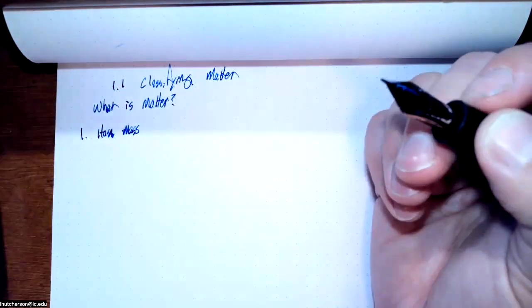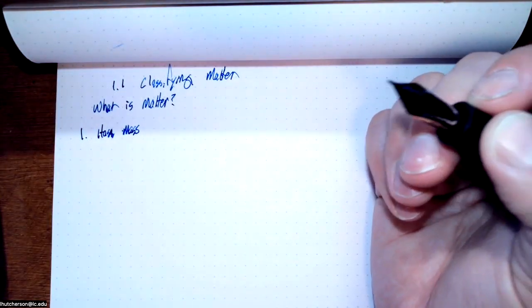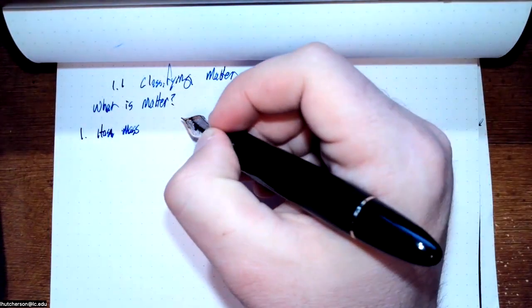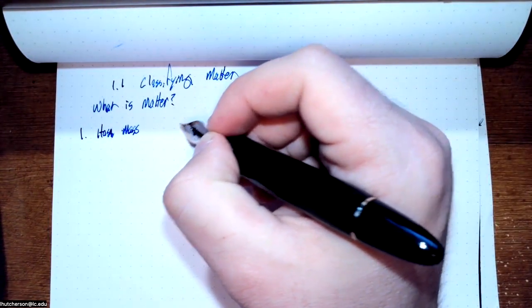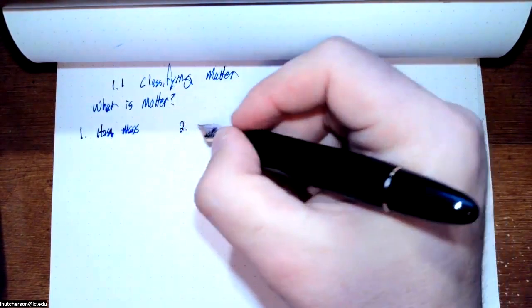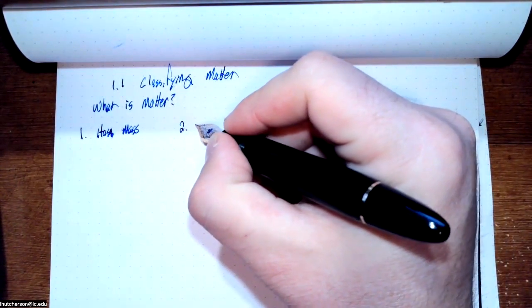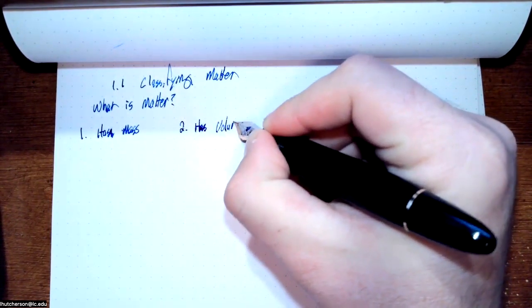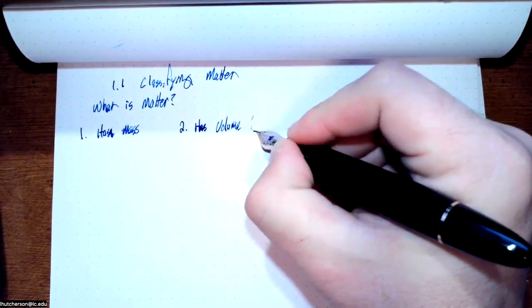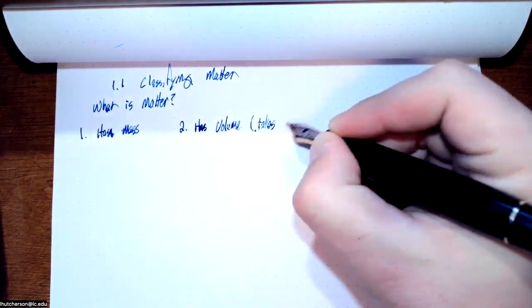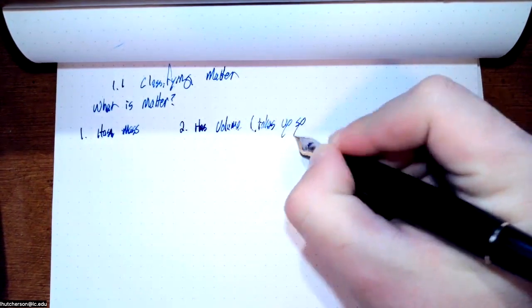That gets into kind of a circular definition because mass is a measure of the amount of matter that is present. But anyway, we say that it has mass. And the second property that matter has is that it has volume. Or another way to phrase that is we could say that it takes up space.